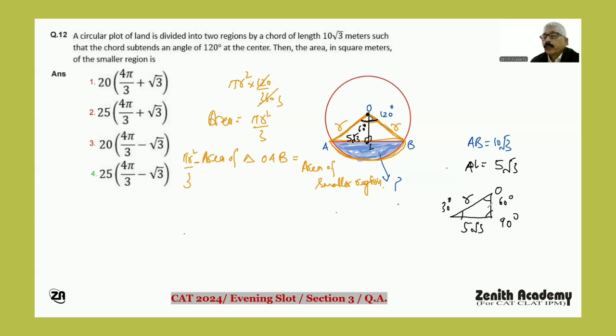Now sine 60, from here: height over hypotenuse R. So sine 60 is root 3 by 2, equal to 5 root 3 by R. This and this cancel, so R is equal to 10.